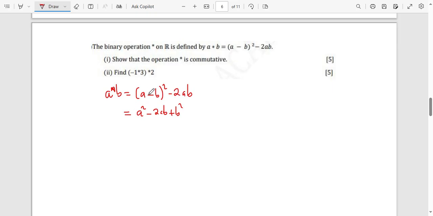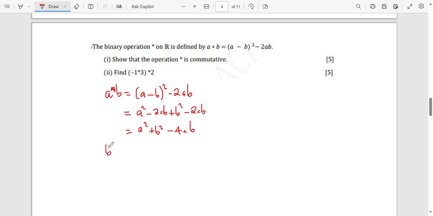So I've expanded (A minus B) squared. Outside, you also have minus 2AB. And this is going to be equal to A squared plus B squared, negative 2AB minus another 2AB, that will give us negative 4AB. So this is our A star B.